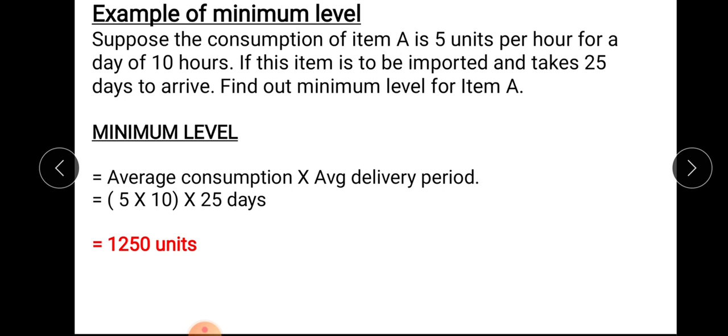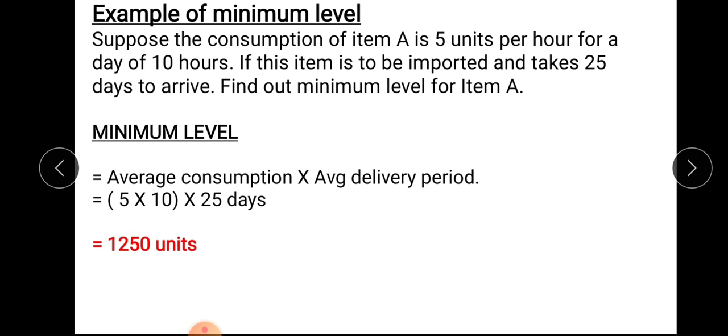If this item is to be imported and takes 25 days to arrive, find out the minimum level for item A. So suppose we are importing this item from outside. What is the maximum time to arrive? That is the delivery period, 25 days. If today I put the order on 1st of July or 30th of June, I will receive it after 25 days.